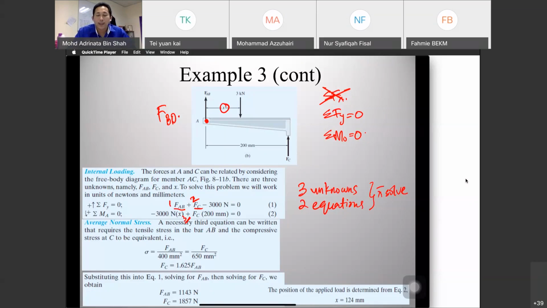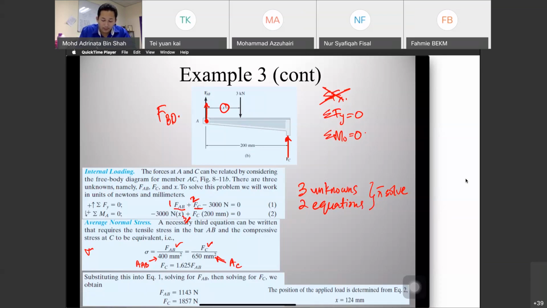So the third equation is from the question where sigma at C is equal to sigma at A, tensile on the rod and at the surface C. So FAB divided by the area of AB, this one, and FC divided by the area of C, given from the equation.